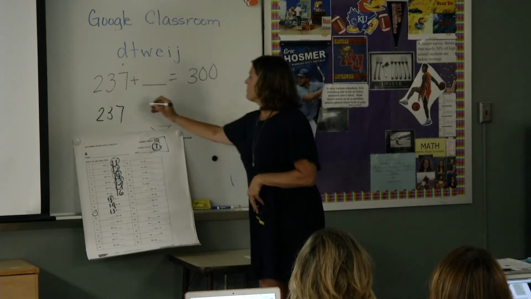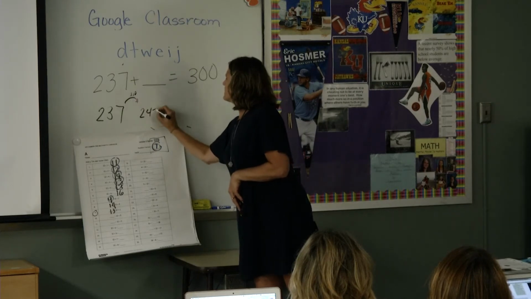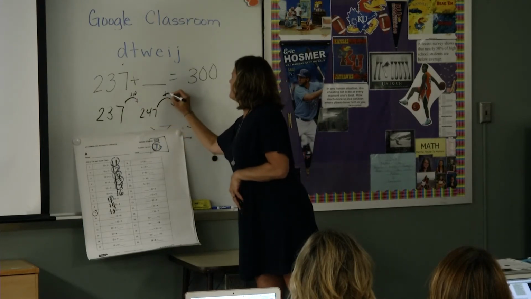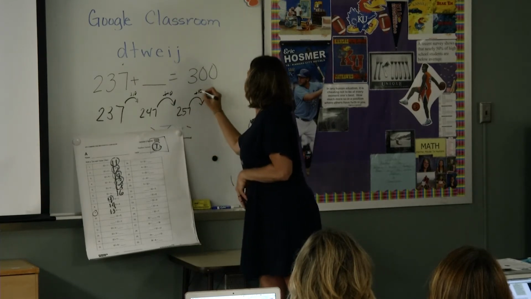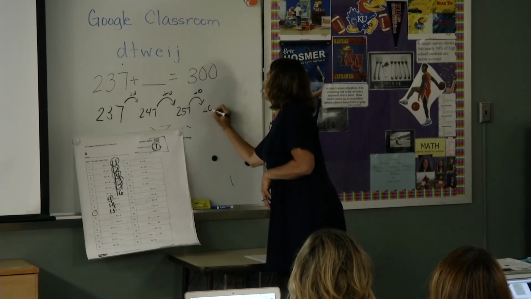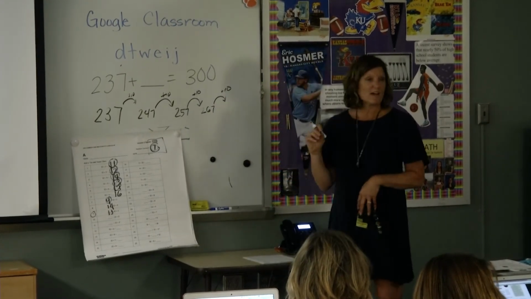So some use the arrow way, so it's plus 10. So it's 247, plus 10, 257, plus 10, 267. I have kids who drew that all the time.